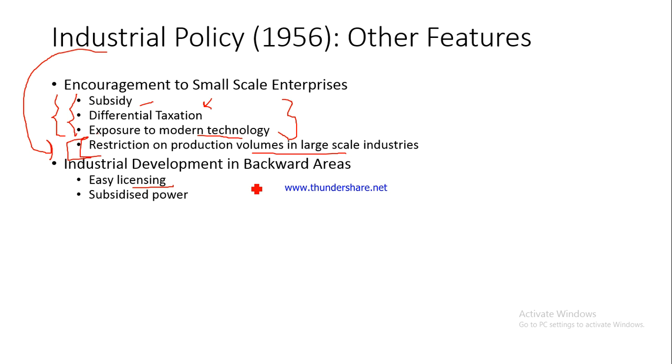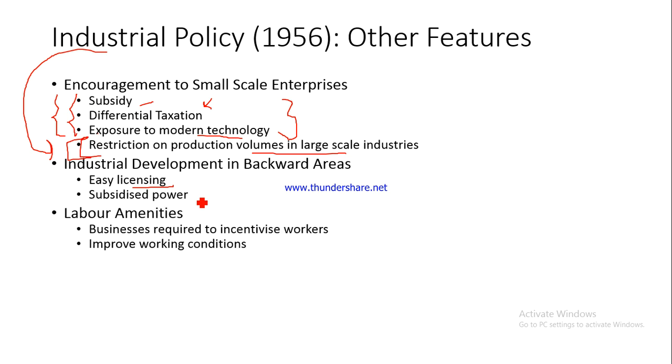So if units are setting up their enterprises in backward areas, they were to be given subsidized power, which is basically power at relatively lower prices, because the rest of the charges for the power supply would have to be incurred by the government. So subsidized power was promised to these units. Then the industrial policy, you would remember that we had discussed that labor issues also fall under the purview of industrial policy, and you would see that in the 1956 industrial policy there was a significant space dedicated to labor amenities.